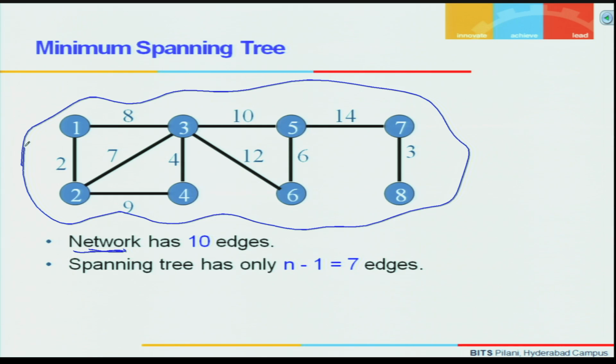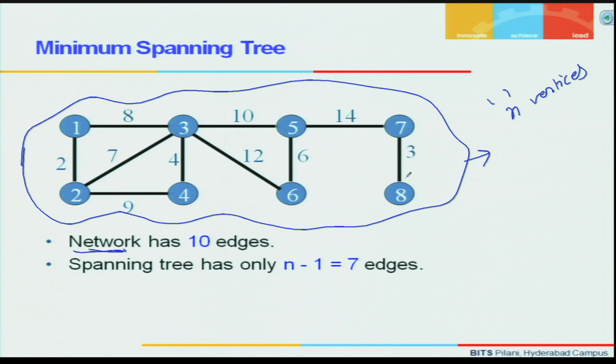If you have a graph of n vertices, the spanning tree will have how many edges inside it? Definitely n minus 1 edges, isn't it? Any tree of n vertices will have n minus 1 edges.